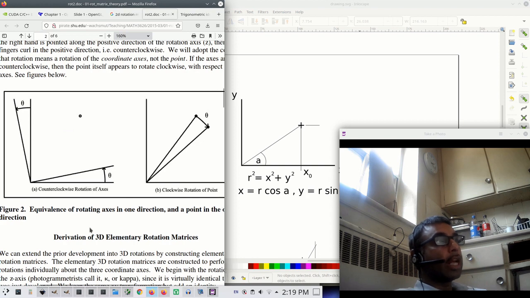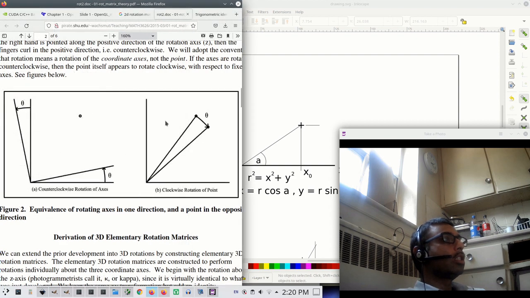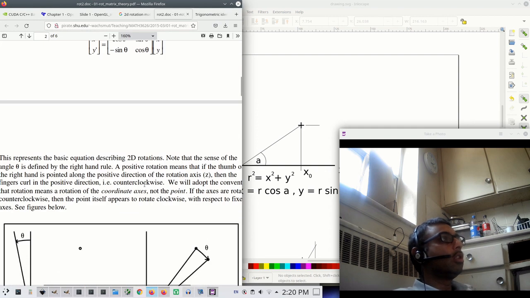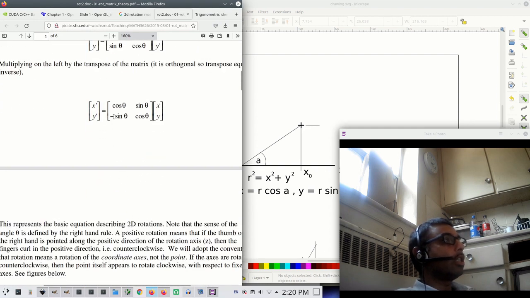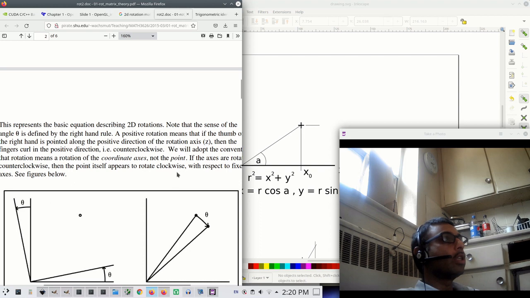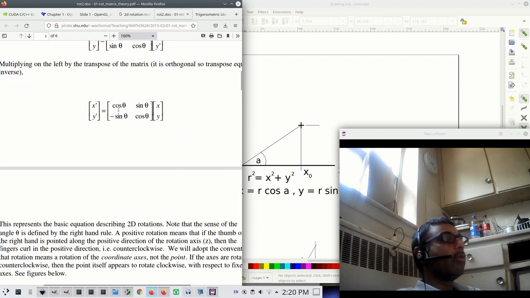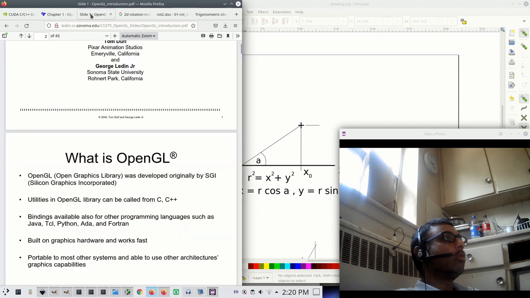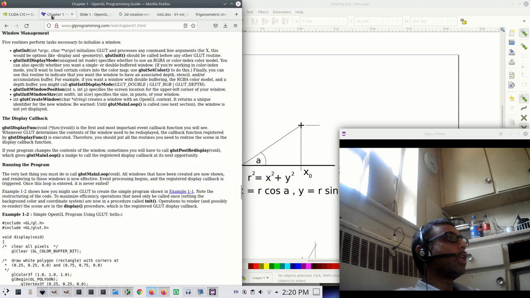But the convention is to rotate counterclockwise, so we're going to do it the opposite direction. They're using this convention, but we want the opposite because in OpenGL the rotation matrix has cos theta, minus sine theta, and then sine theta, cos theta, and so we want to do the same.